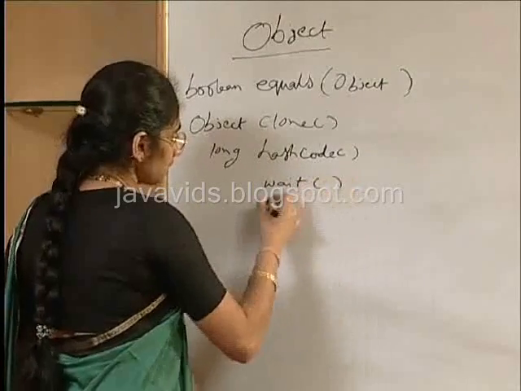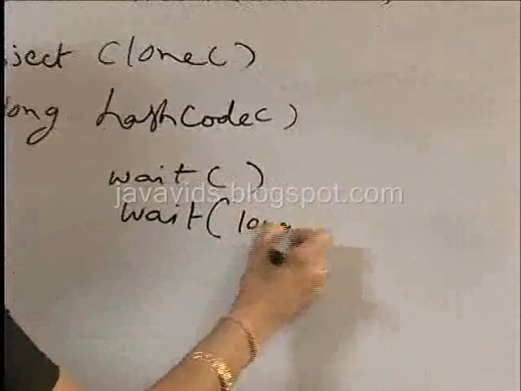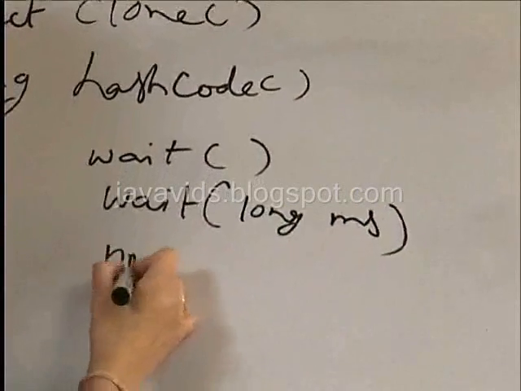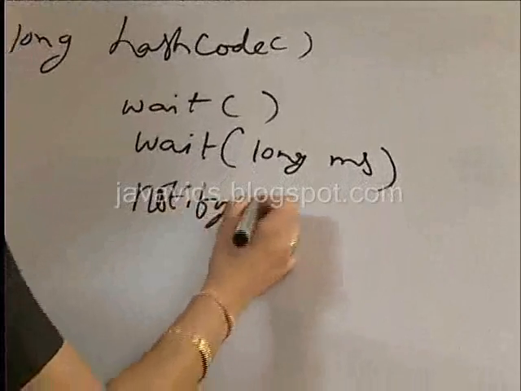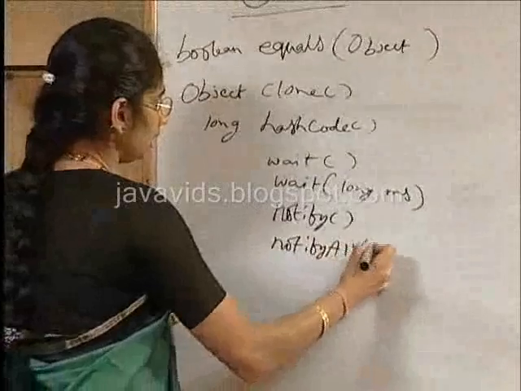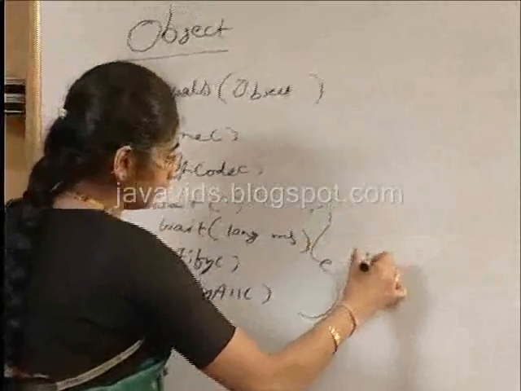We have the wait method, with milliseconds, notify, and notifyAll. These methods we will discuss during multithreading.